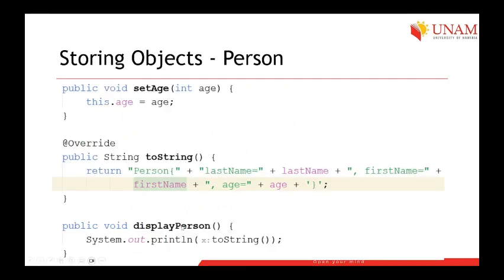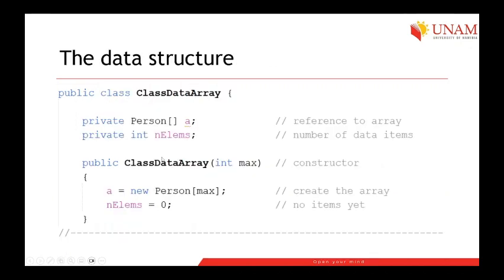We also have a toString method, overriding this from the class Object, where all objects inherit from, and this gives us a string representation of a person object. For every person object, we have also introduced the displayPerson method that just returns the toString for that specific person. Our data structure then will have an array of persons.